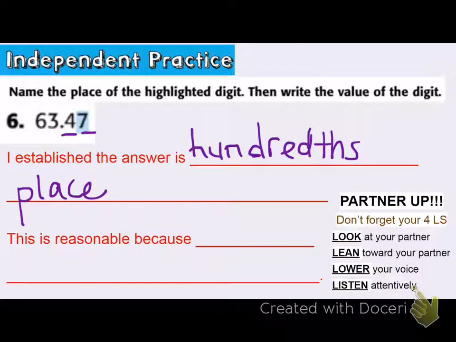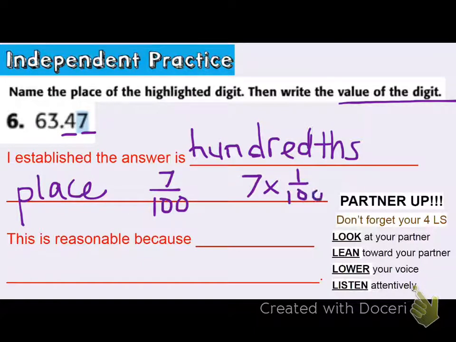Okay, but the question also says, not only do I need to write the place value of the 7, but also what is the value of the digit? Well, the value of the digit is 7 over 100, or 7/100. Another way you could write this is you could say 7 times 1/100th.